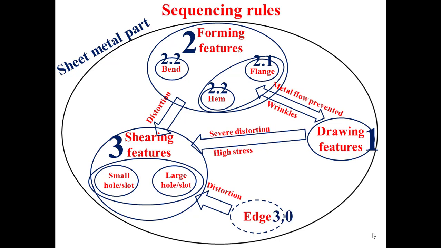So the blanking should be carried out before the cutting of holes and slots. We note also that the cutting of a large hole or slot might induce a distortion on the neighboring small holes or slots. So it will be wise to cut the large hole or slot before the neighboring small holes or slots.